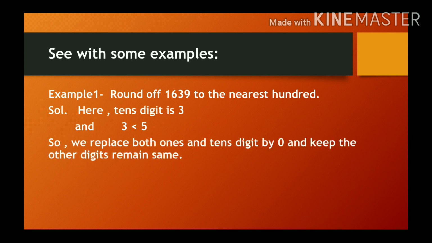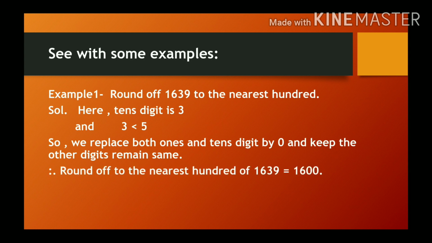So, we replace both the ones and tens digits by 0 and keep the other digits the same. Therefore, 1639 rounded to the nearest 100 is 1600.